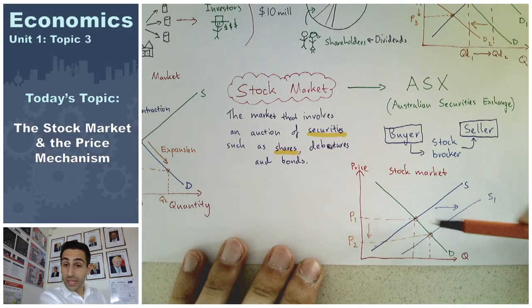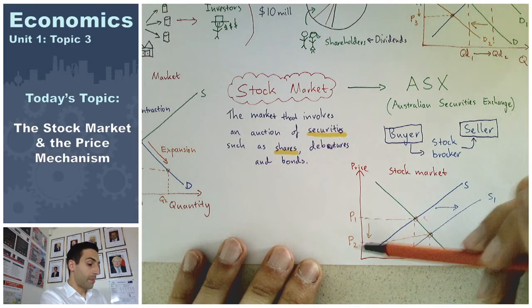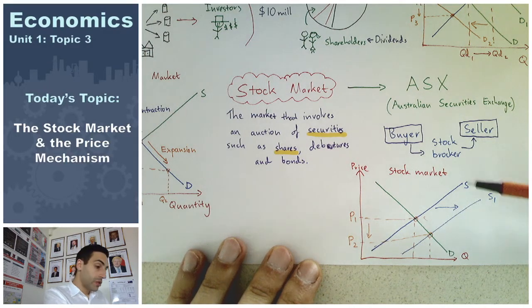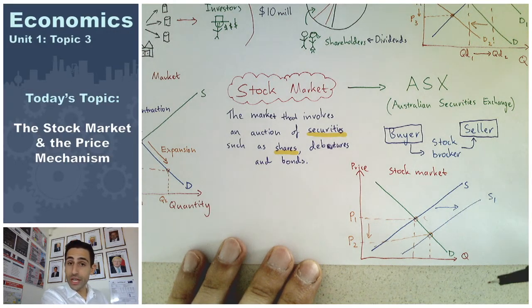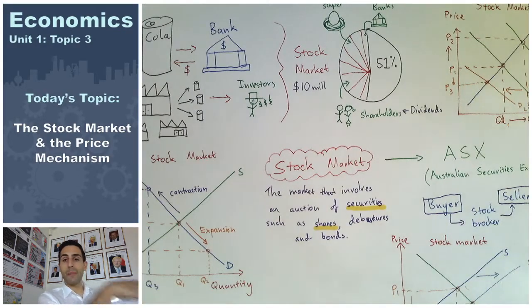Now, that's led to more demand for stocks because the stocks are now cheaper, but they're now not worth as much. Okay, so that's supply. People selling shares, companies releasing more shares. So hopefully now you've got a pretty good, general understanding of how the stock market works and how demand and supply influence the price of shares on the stock market.